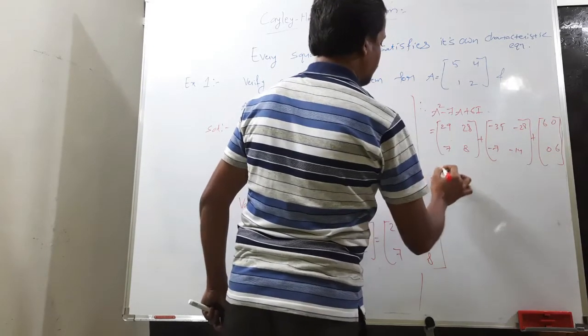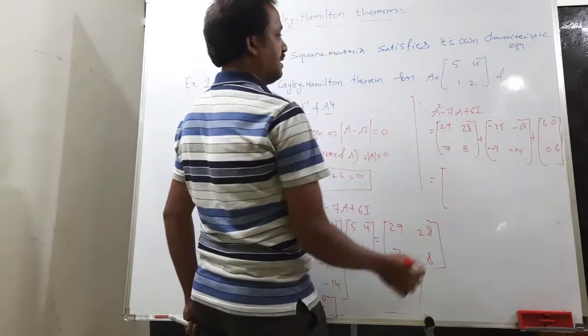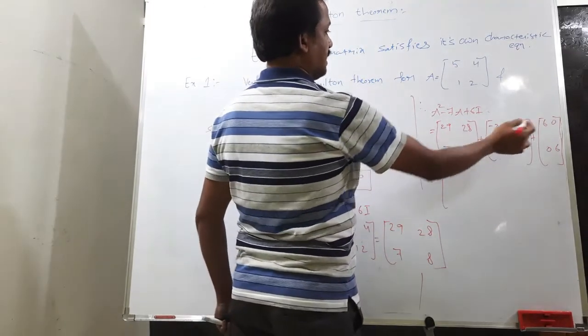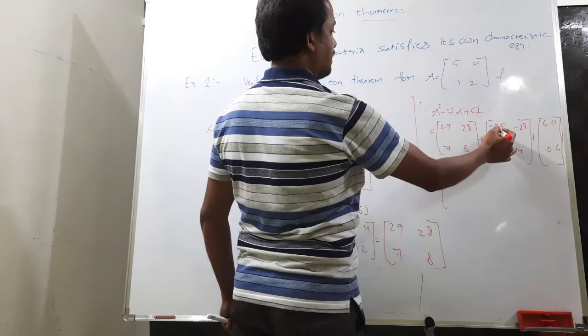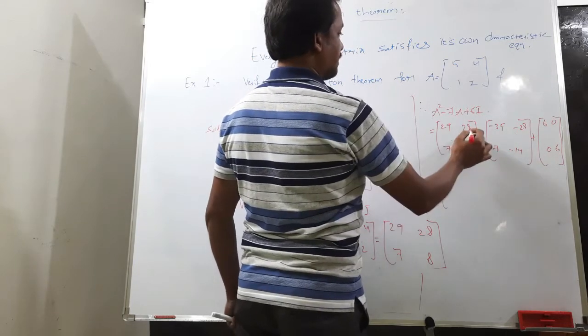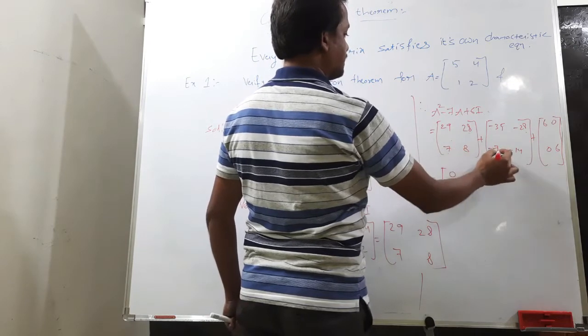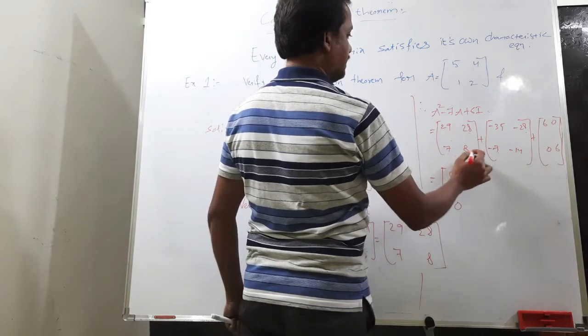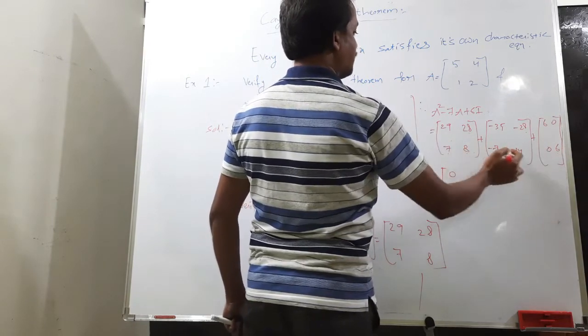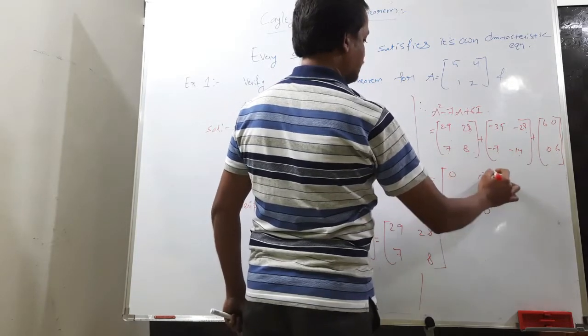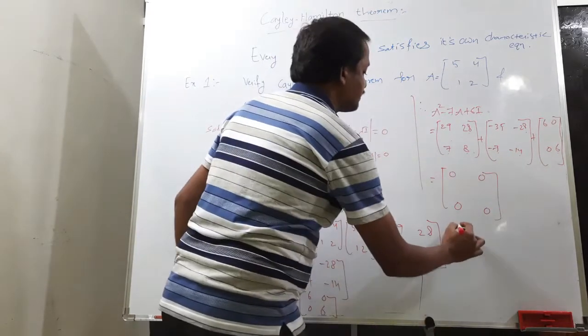We need to add every individual element: 29 plus 6 minus 35 is 0, here 28 minus 28 plus 0 is 0, here 7 minus 7 is 0, here 8 plus 6 minus 14 is 0. So hence verified.